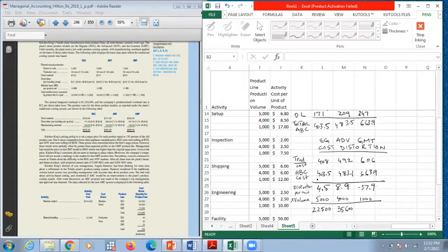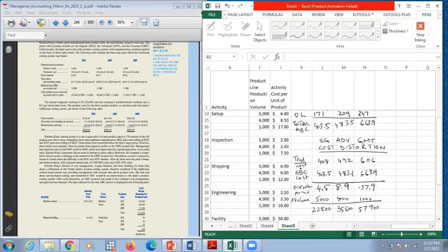Just one moment. There's a small distortion here that should not be coming up. 663.9 is correct. Okay, there's a small distortion over here in the calculation. So 57.9 times 1,000 is 57,900.